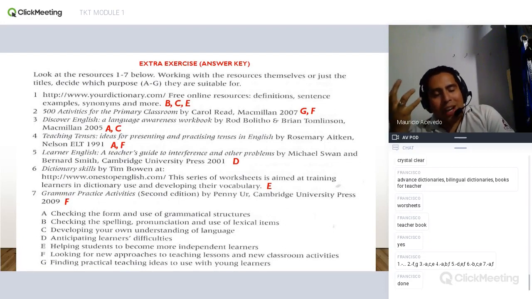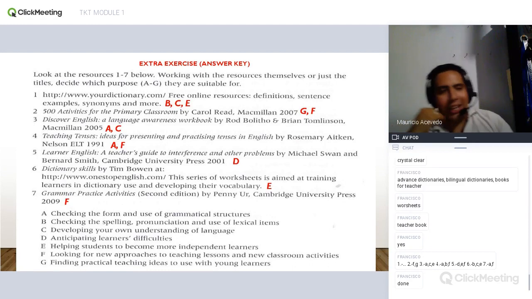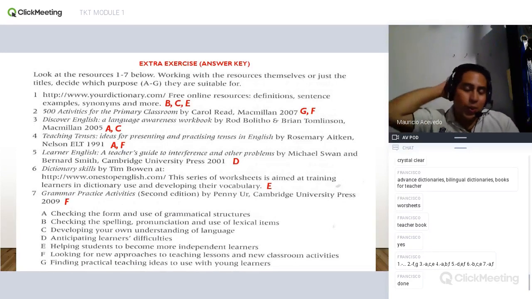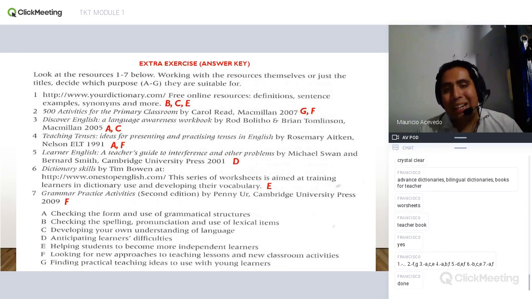Most of the time we have the idea that a workbook is for homework, that we ask the students to do by themselves, but indeed no. In the United States and many parts of the country, a workbook has to be done in the classroom, and we as teachers need to be there behind the student, like the course book. So maybe that's why. In Mexico, yes, this can apply, but not in other countries.